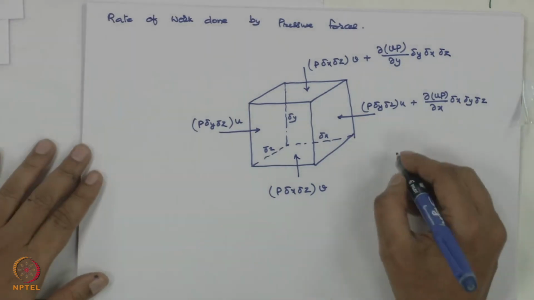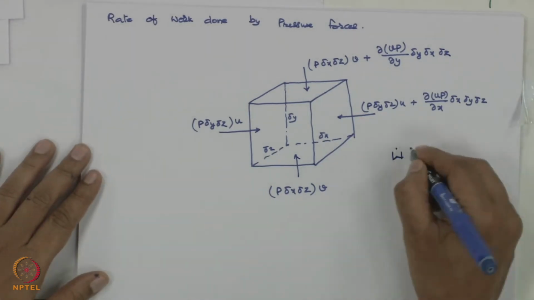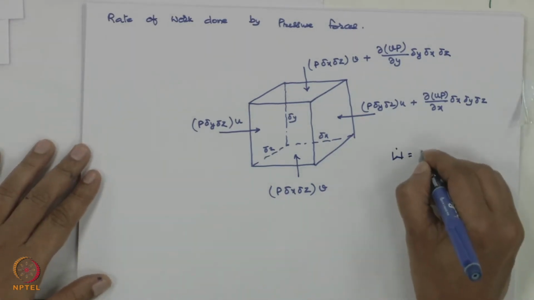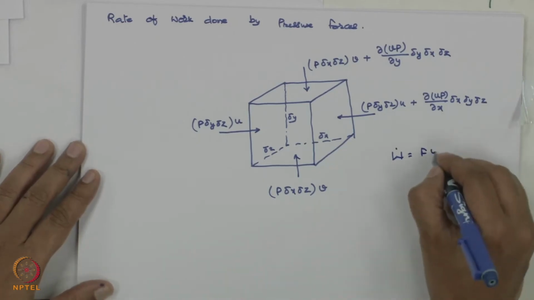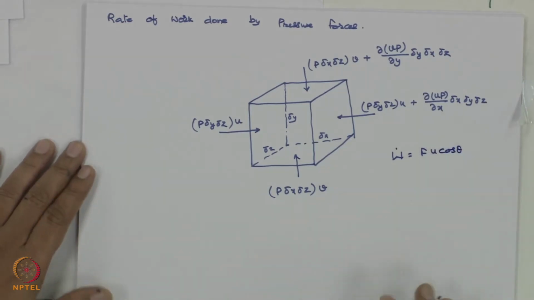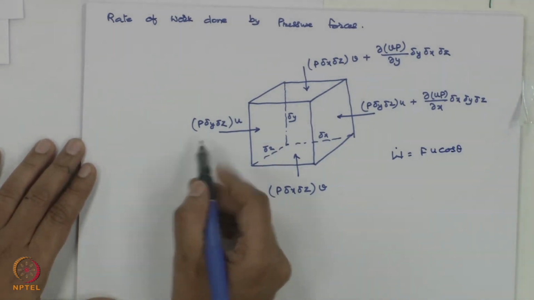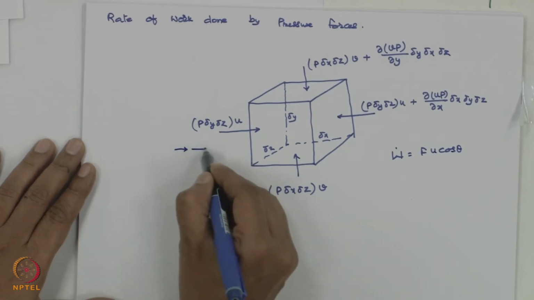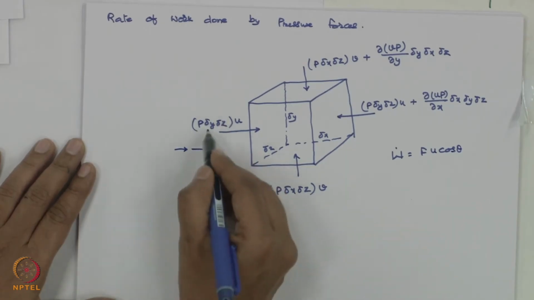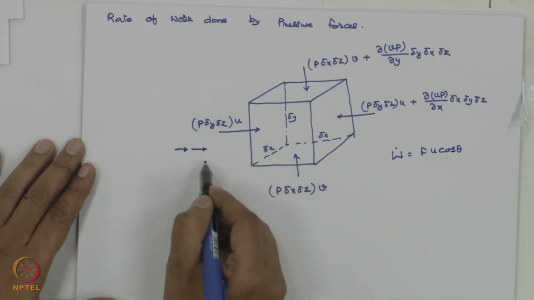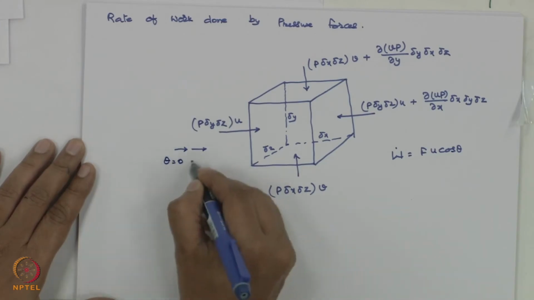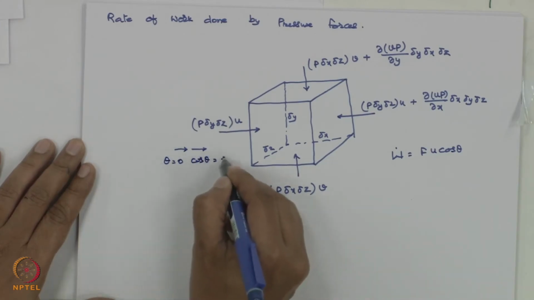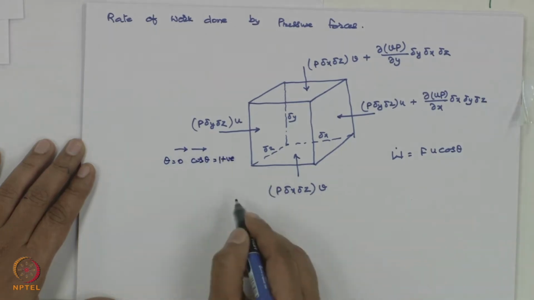See, rate of work done, that is W dot equal to F into U cos theta. This is, basic physics says so. So if you see here, pressure and velocity, that is force and the velocity, are in the same direction. So theta is 0, so cos theta equals 1, so it is positive.